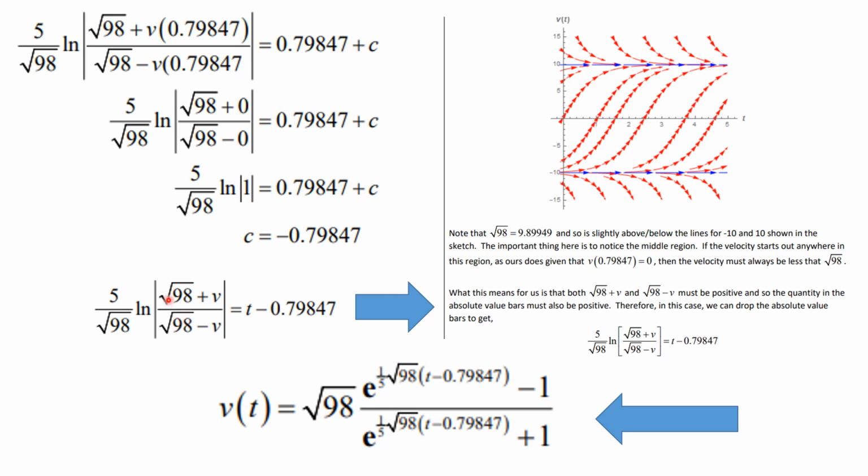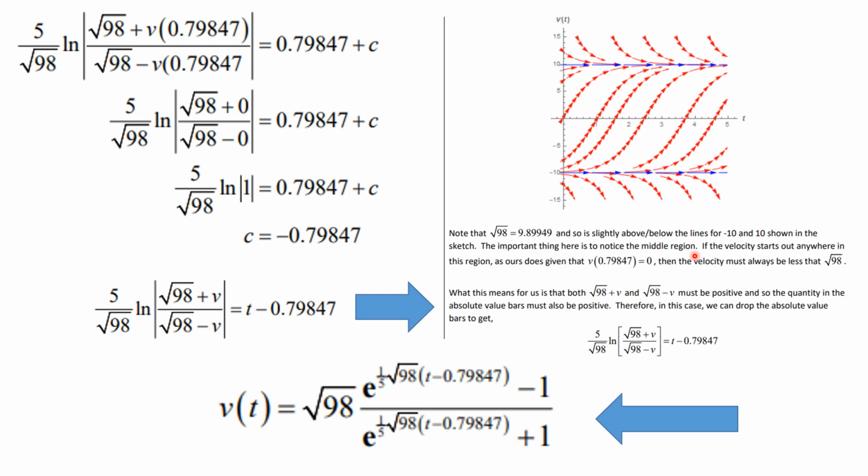Now, in solving for v, I have to determine whether this is positive or negative. What I've done here is plot some slope fields. Since the square root of 98 is almost 10, it's slightly below 10, so it's between minus 10 and 10.